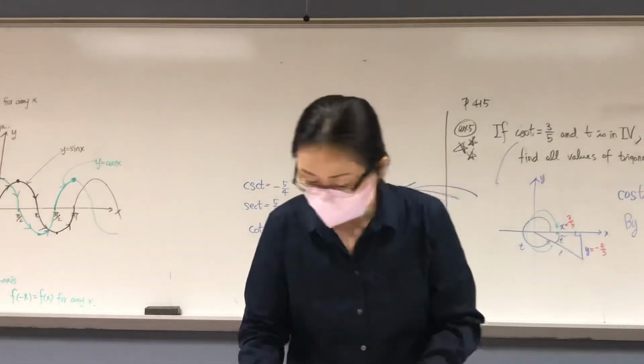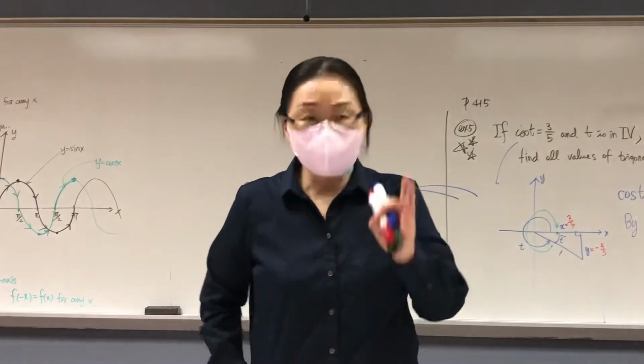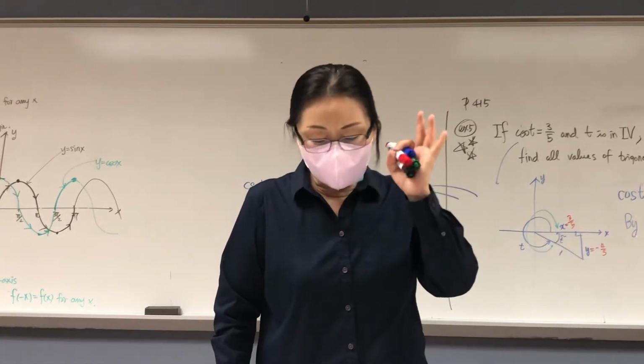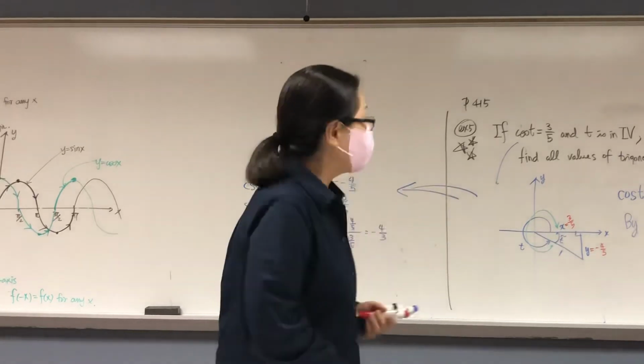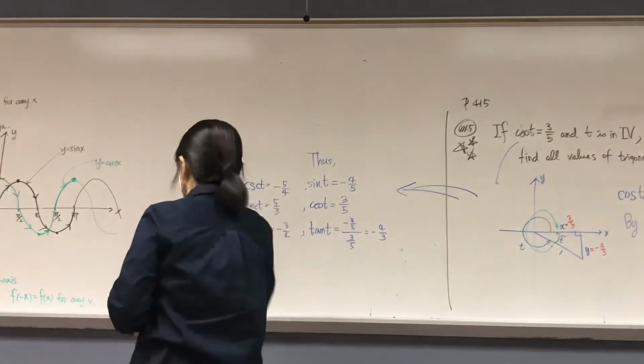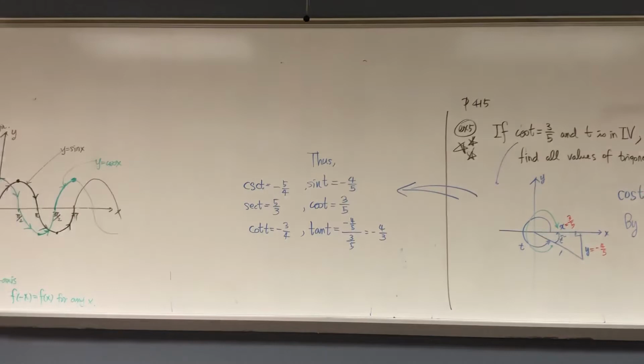Now we're going to introduce a very important identity. Page 415, in the box. Very important formula.